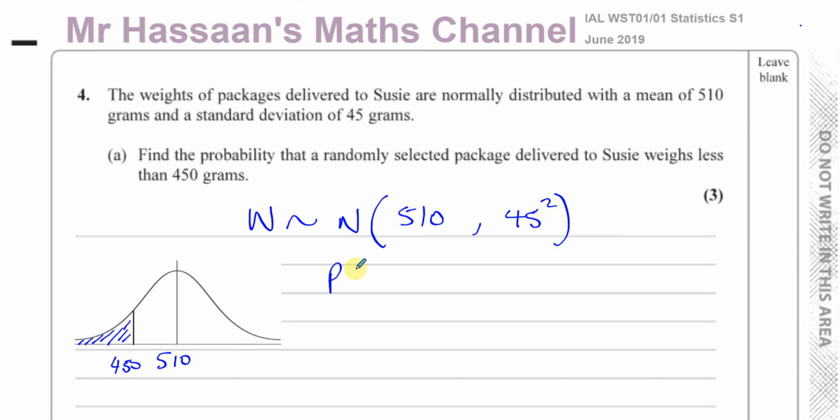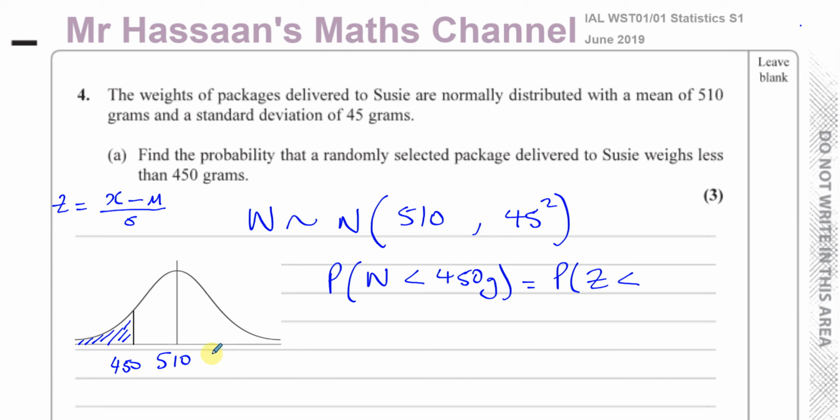So we want to find the probability that the weight is less than 450 grams, and that's equal to the probability that Z is less than... To standardize this score, to get the Z value, you take the score that you want to standardize, take away the mean, and divide by the standard deviation, which is given the symbol sigma.